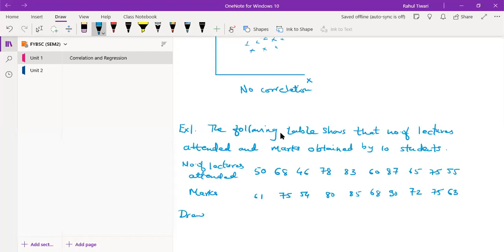Draw scatter diagram and comment on it. Solution.